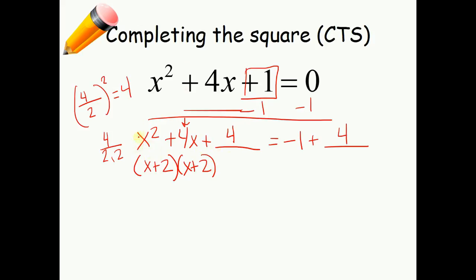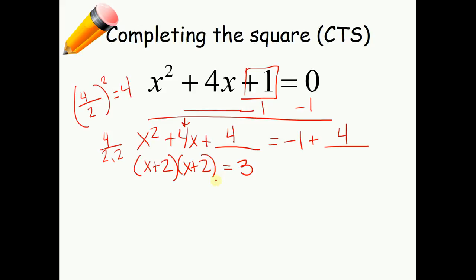You can just put the 2 numbers with x in there. This is right now equal to 3. And I know I once said, please make sure that you're equal to 0 before you factor. Completing the square is the only time that you can disobey that rule, if you want to consider it that way.